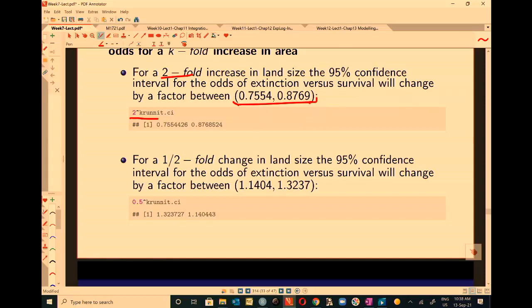So this is now going to be an estimate of this 2 to the beta 1 hat that I'm looking at. The previous one corresponds to the confidence interval for beta 1 hat. I've got 2 to the beta 1 hat, so I raise 2 to the power of the interval from before, and I get the answer for the particular factor by which it changes. This is a confidence interval for the factor. Change by a factor between those two.